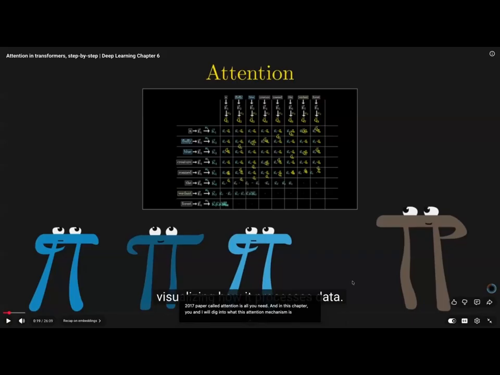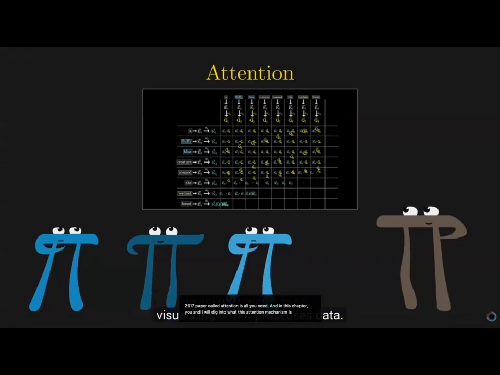Right here, this is what I'm talking about. It's all organized a little bit differently, but we are building up this table. You can see that for each embedding, you have your own query. When both the column and the row are the same sentence, it's called self-attention.